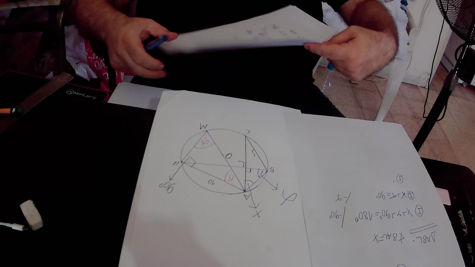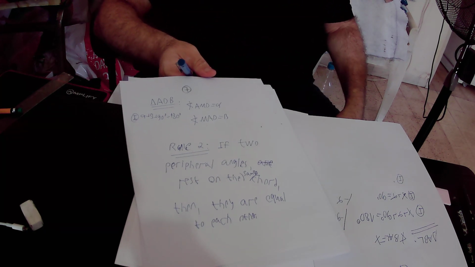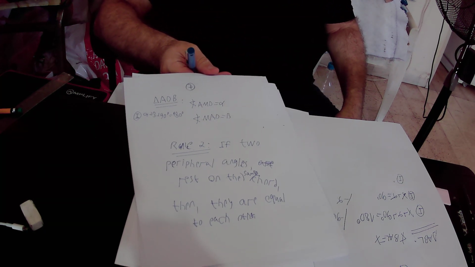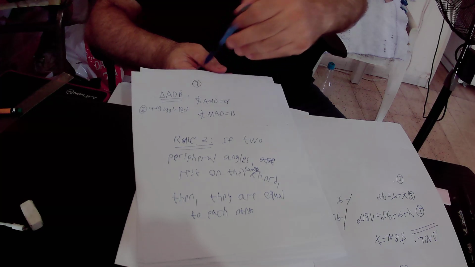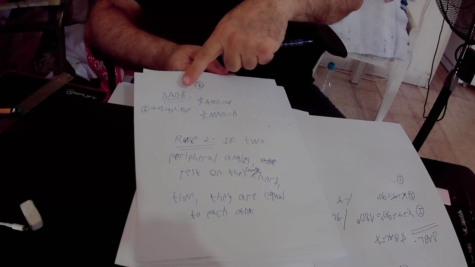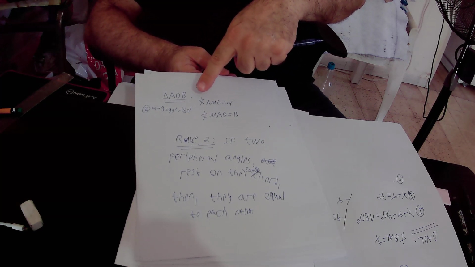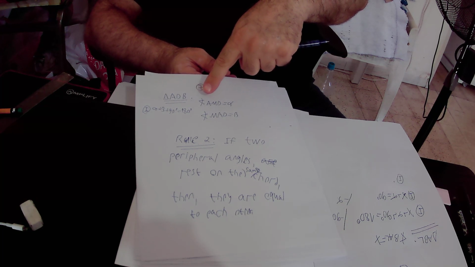Okay, the sum of the angles of any triangle in the world equals 180 degrees, and especially in the right triangle AMD, the sum of its angles equals 180 degrees. So alpha plus beta plus 90 degrees equals 180 degrees.